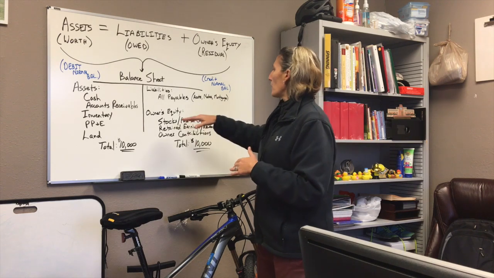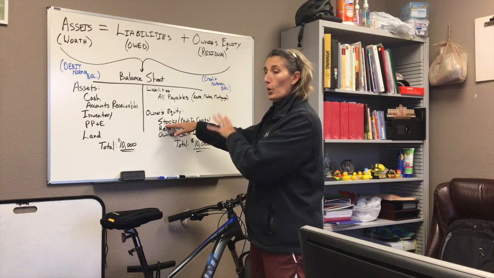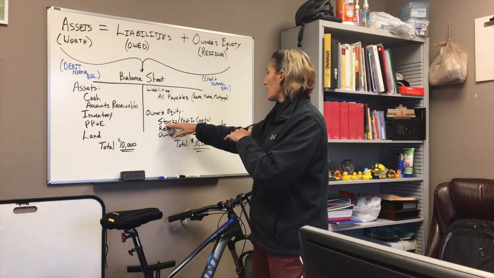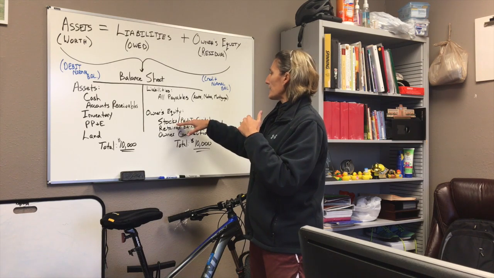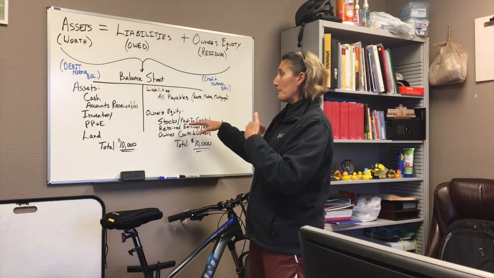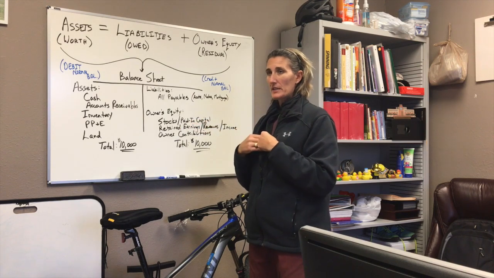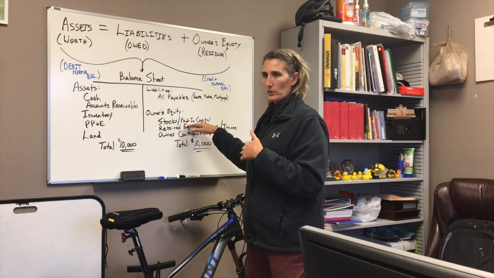Those issued stocks would then be recorded in this area. Okay, so any kind of instrument that results in people paying me money to own a piece of my company. Does that make sense? That's what they would consider paid in capital.